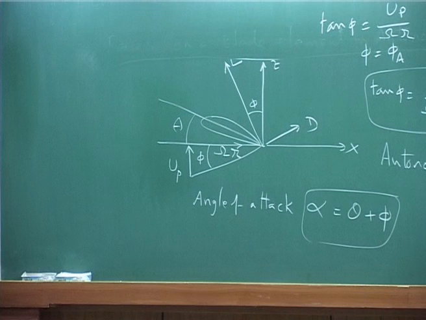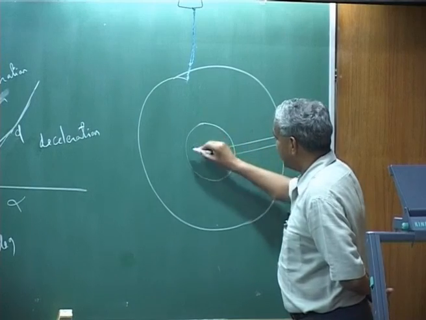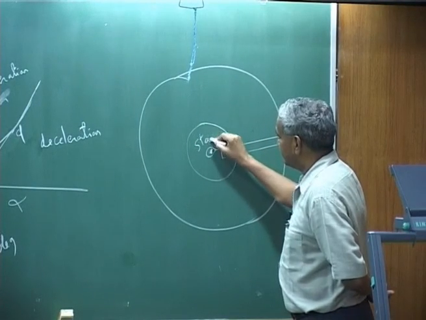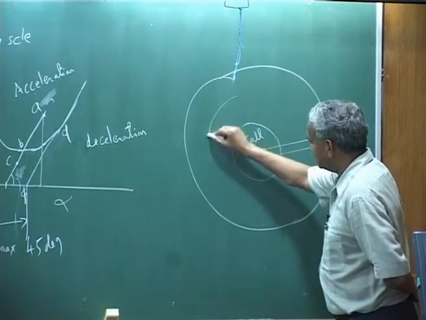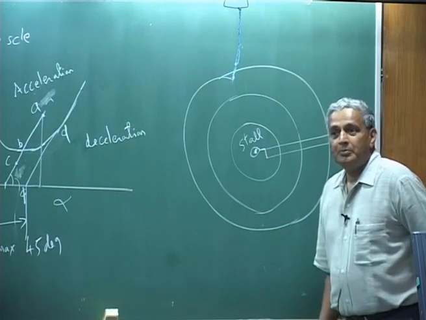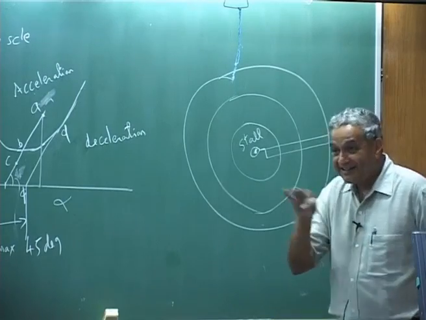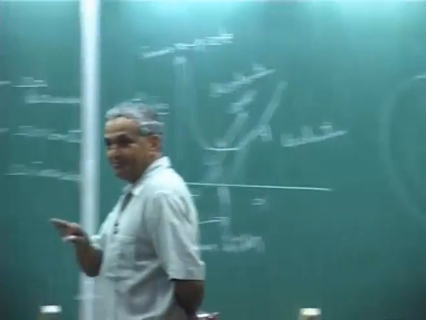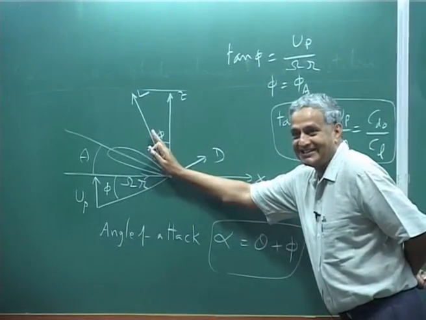That means phi is large, blade may stall. That is why we drew the diagram here, stall. Then you have another region where phi has become smaller, because from large I am decreasing.